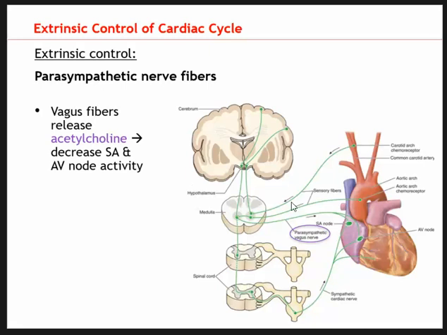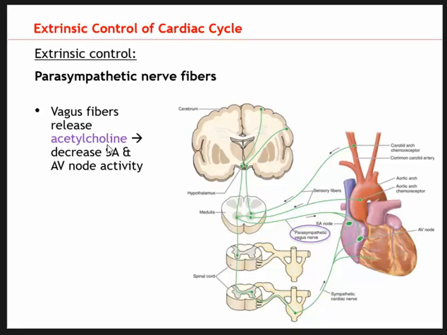All right, so we're going to talk about parasympathetic nerve stimulation first. Parasympathetic nerve fibers are also called vagus fibers, and we see that right here. If we follow this little green line, we see it activates our SA node and the AV node. When these fibers are activated, they're going to release acetylcholine. Think again, back to chapter 5, we said that parasympathetic stimulation releases acetylcholine.